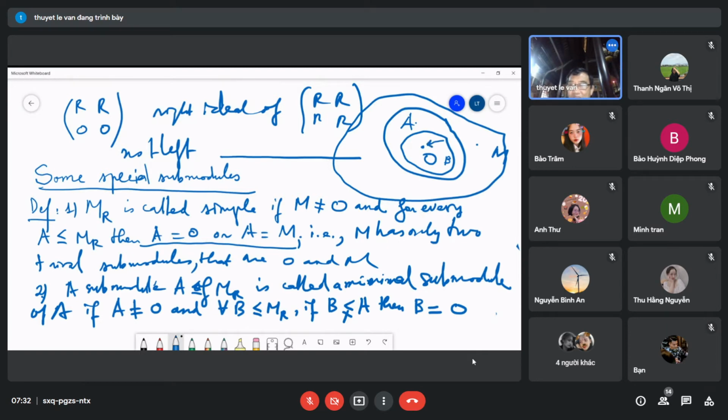It means that inside A there is no submodule except 0.